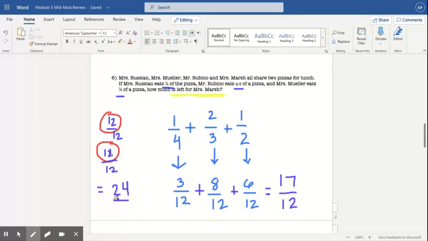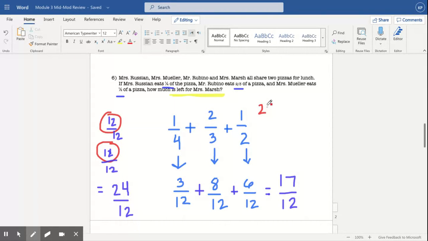So out of the 24 12ths of pizza that was available to everybody, the 3 Piggly Wigglies who ate first ate 17 12ths. Now we can move on to our final step, which is going to be subtracting the amount that was eaten from the total so that we can find out how much was left for poor Mrs. Marsh. Let's see if she gets an amount that's worth eating.